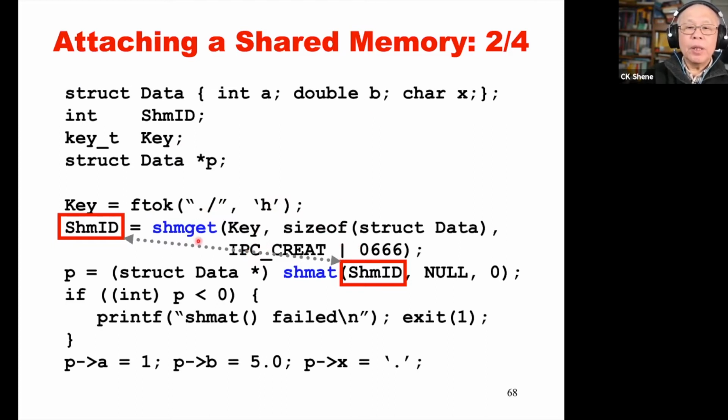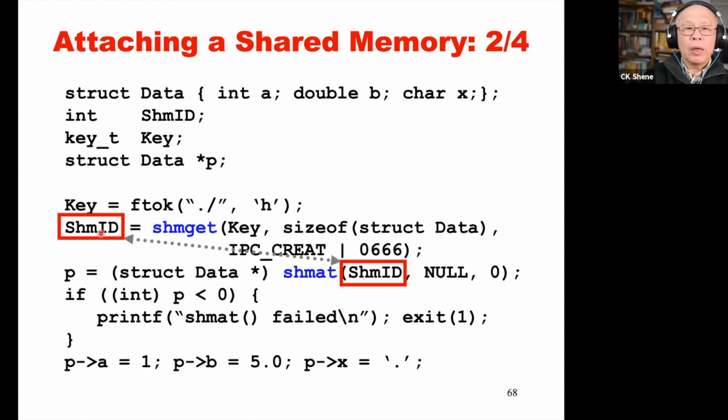Now, if it is successful, then shared memory get returns a shared memory ID. Here, because of space limitation, occasionally I skipped error checking, but in your program, you have to do that. Otherwise, there could be some serious consequences, which will be mentioned to you at the end of this lecture.